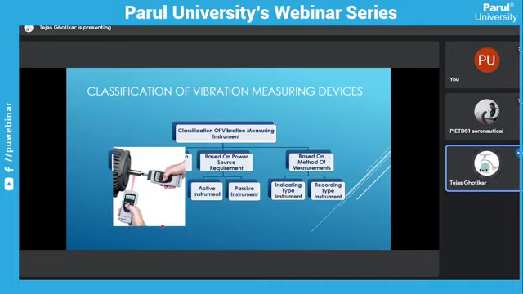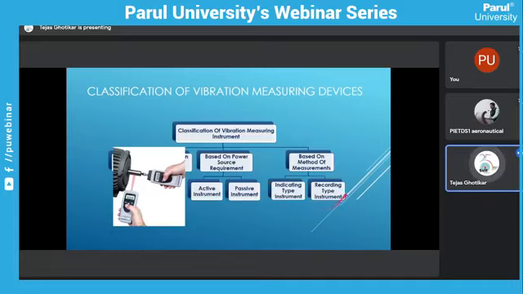If you have heard about the stroboscope, it works on the principle of flickering light. So it is contact or non-contact type, or we have active and passive instruments, based on the power source. If it uses an external power source, it's an active instrument. If it doesn't use an external power source, it's a passive instrument.